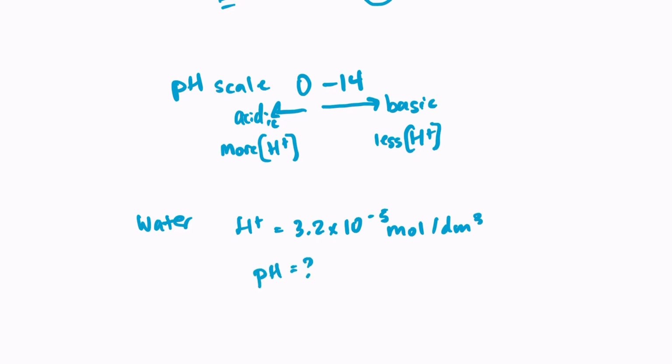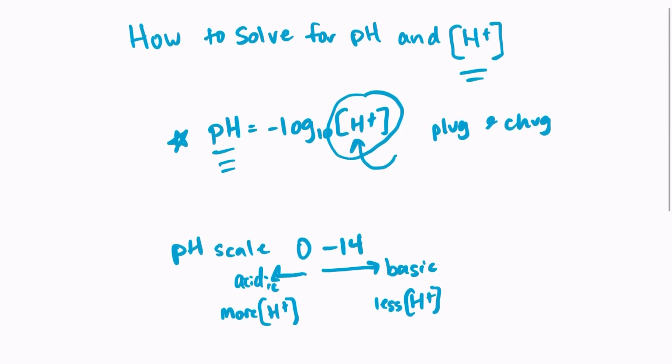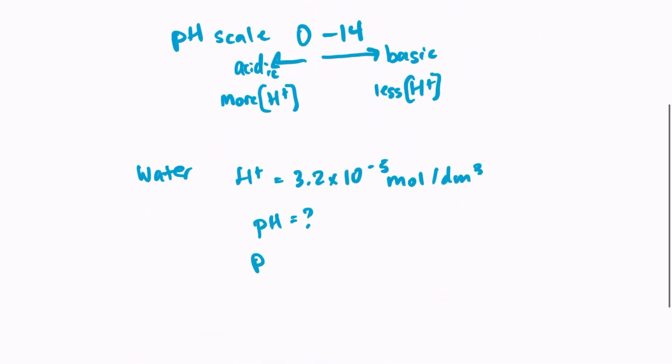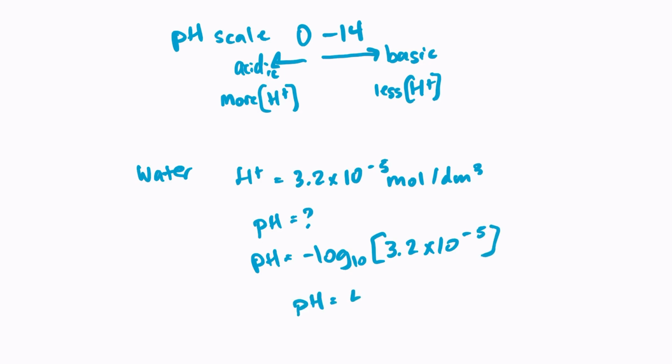All we have to do is take our formula that we just learned up there. So pH is equal to the negative log of 3.2 times 10 to the negative fifth. All you have to do is plug this straight into your calculator, 4.49. And 4.49 is acidic.